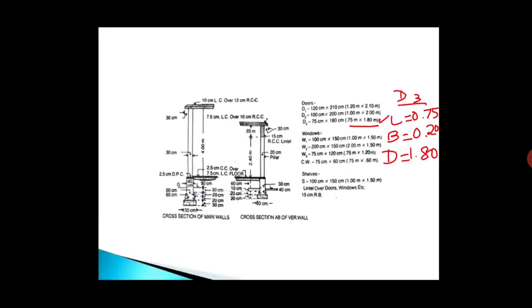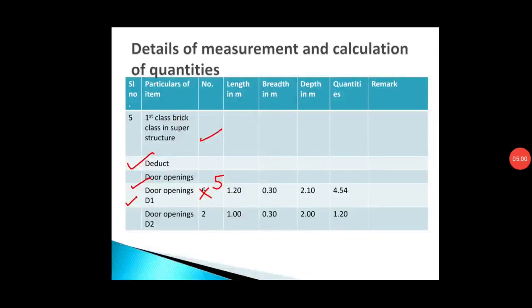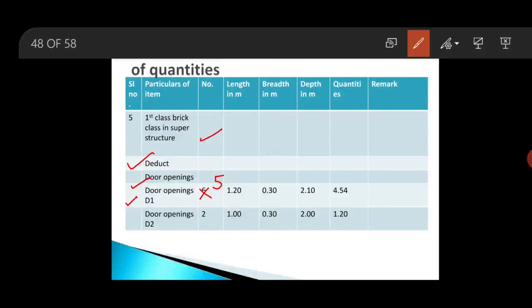Now we will move to the details of measurement form. Here, this is door opening D1, number 5, length 1.2, breadth 0.3, depth 2.1. By multiplying all these we get 4.54 cubic meter. Similarly, for door opening D2, there are 3 numbers of D2 type door. Length is 1, breadth is 0.3, depth is 2.